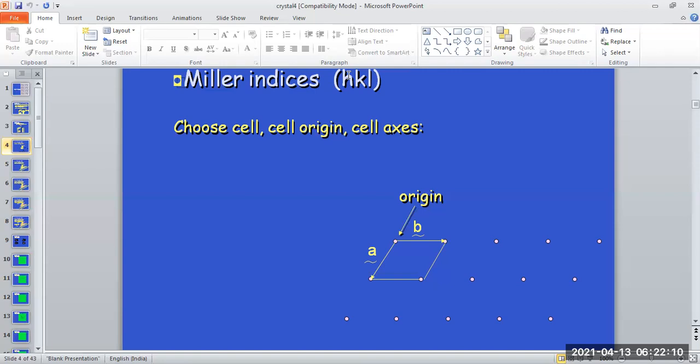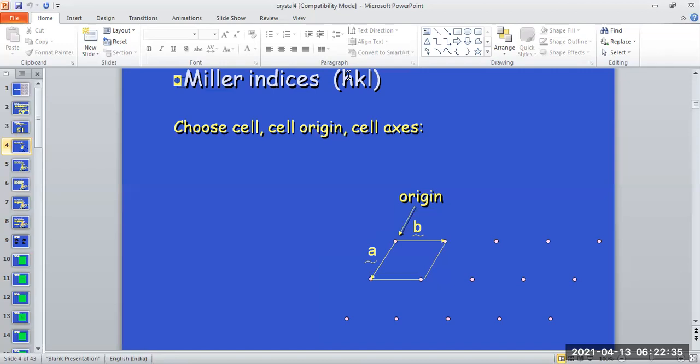Miller is the scientist who designated these line segments as sets of planes, and he represented them with HKL. So we'll have a detailed study regarding these Miller indices. First of all, we need to understand how we can locate these HKL planes.